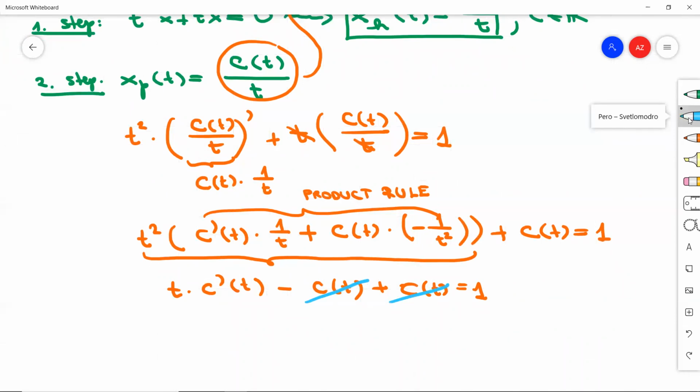And if you recall from calculus, from differential equations, this is not a coincidence. Using the variation of constants, always the second and the third summand will cancel out.